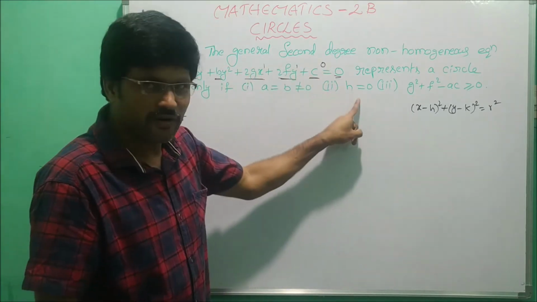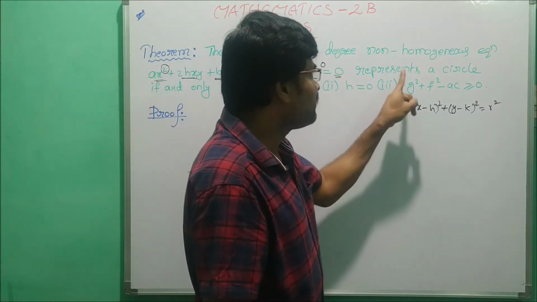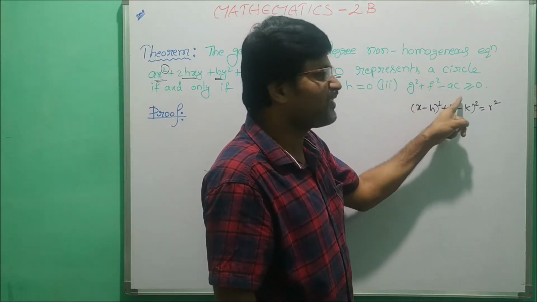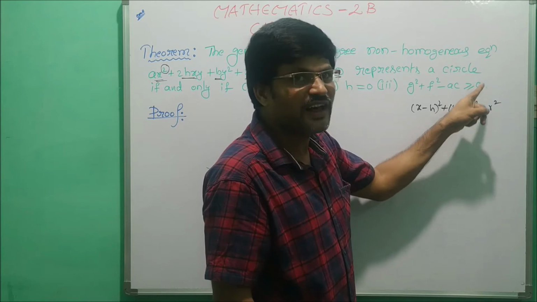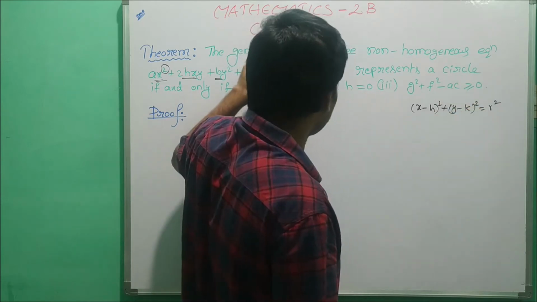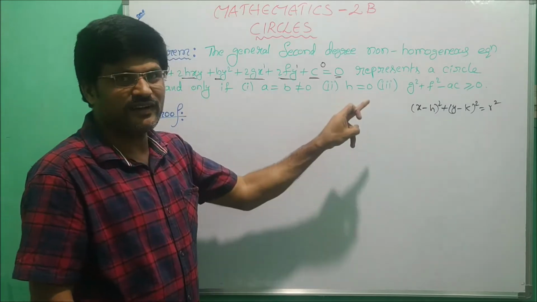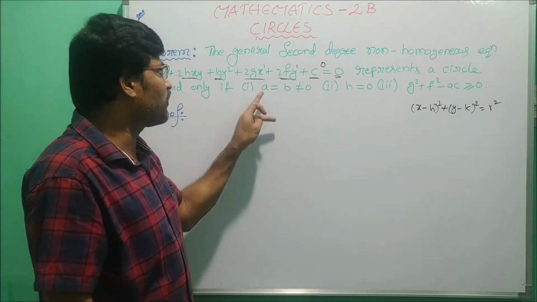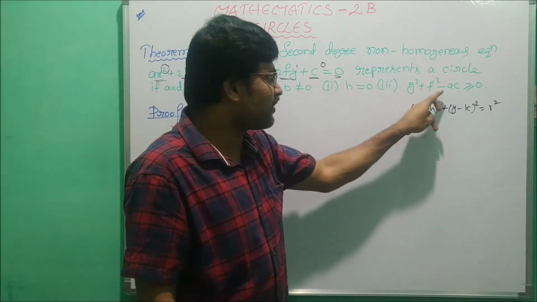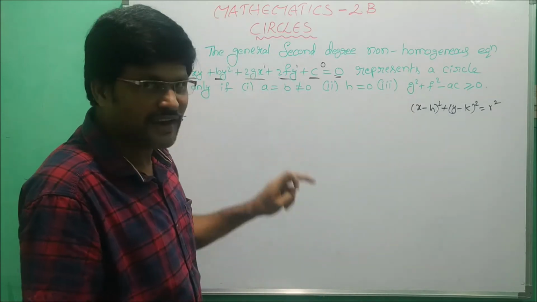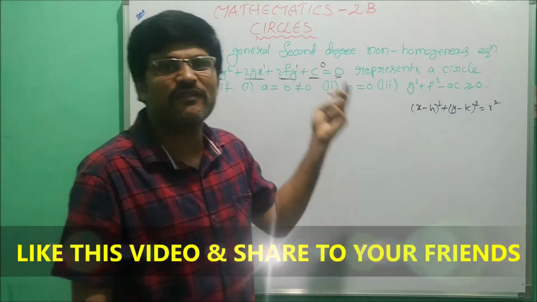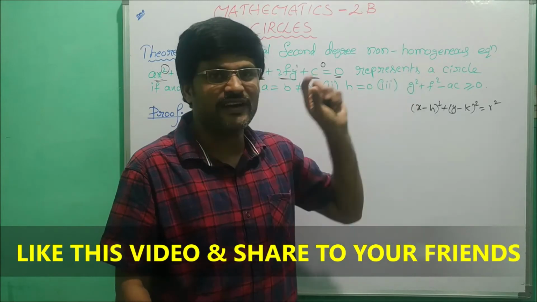And the third one is g square plus f square minus ac is greater than or equal to 0. If this equation represents a circle, then we will prove these three conditions. Conversely, we assume these three conditions hold for any general second degree equation, then that equation represents a circle.